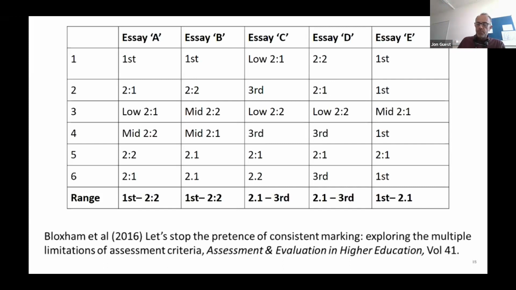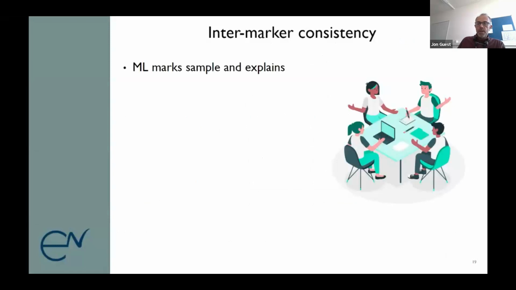So I think it's really important, if we're going to try and get marker consistency, that there's some discussion. Quite often a module leader you're working with might mark a sample and then let you see that sample and hopefully provide some explanations behind what they've done. That's great, that will help, but that's a bit of a one-way communication method. That's just the module leader communicating one way with their teaching assistants.